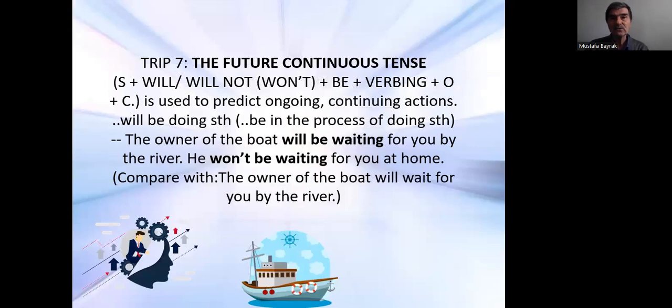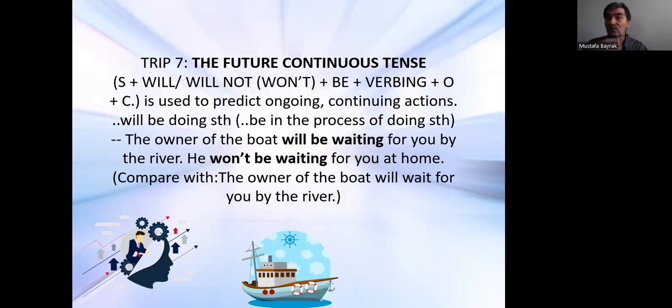Now, the future continuous tense. As you see, after the subject, will or will not, or won't. The short form of will not is won't, and be plus verb-ing. Not am/is/are verb-ing, because that is for the present continuous.